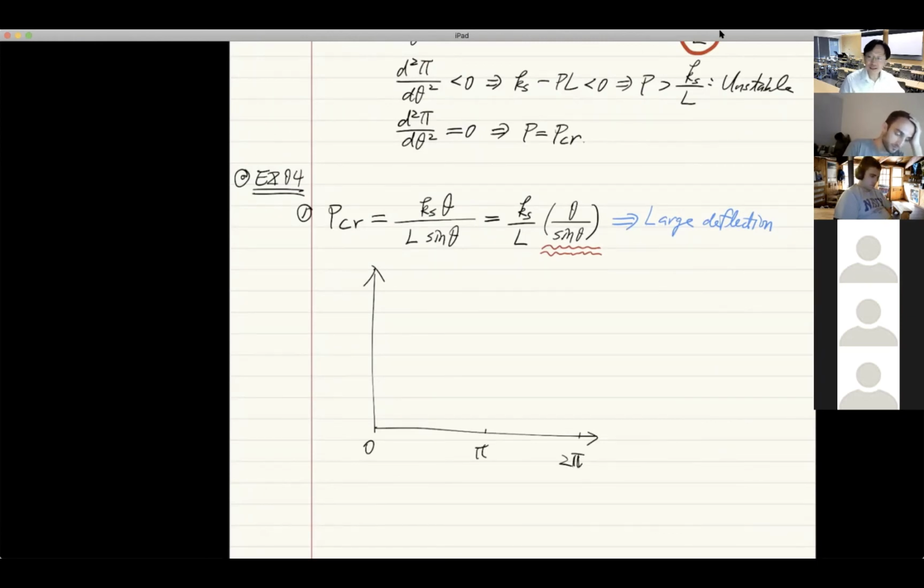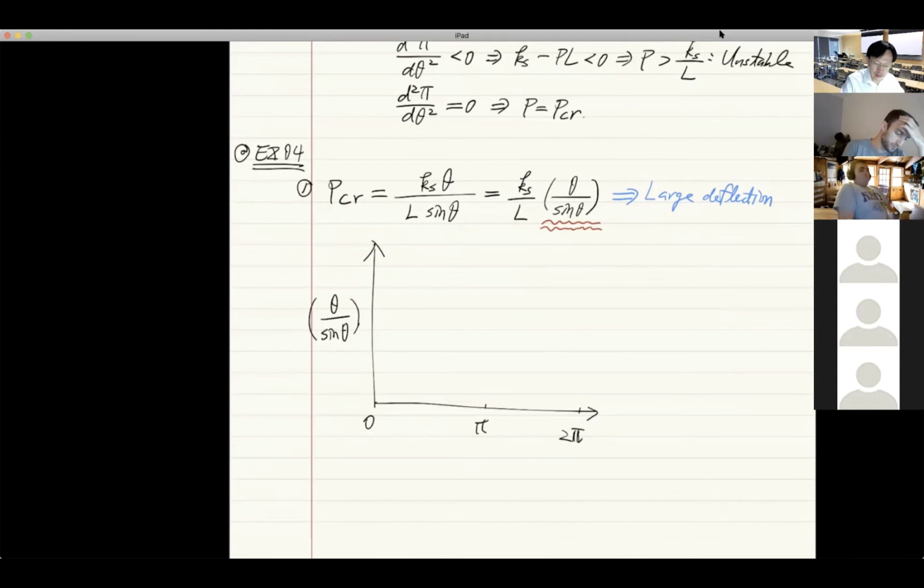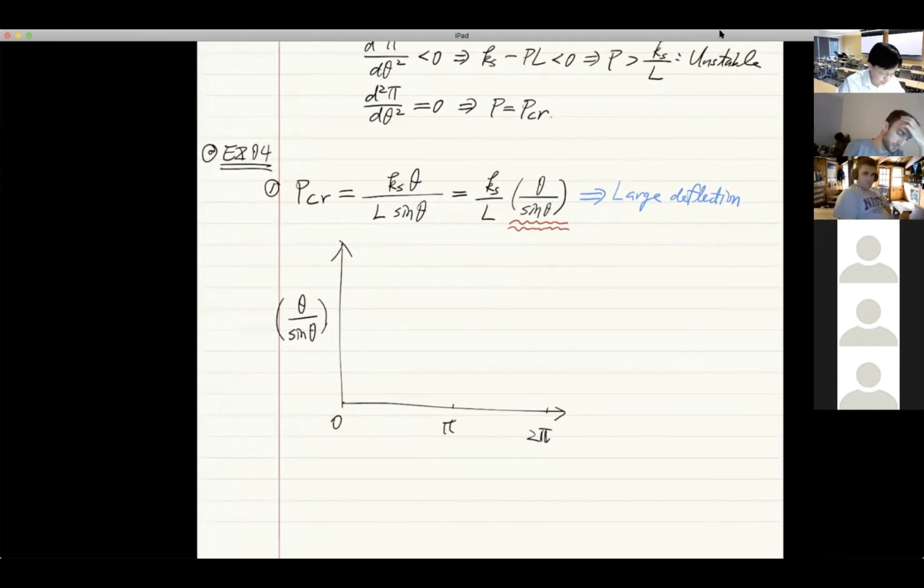Right? And then we can see what kind of behavior you're going to see. In fact, if the y-axis is this ratio, theta over sine theta, this one here. And this curve actually is nonlinear. This curve actually looks like this.